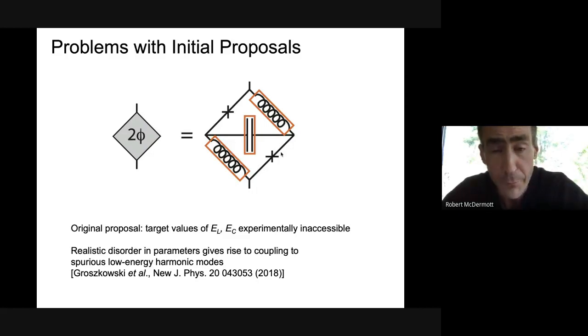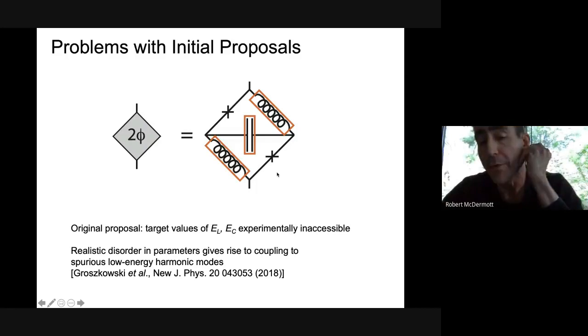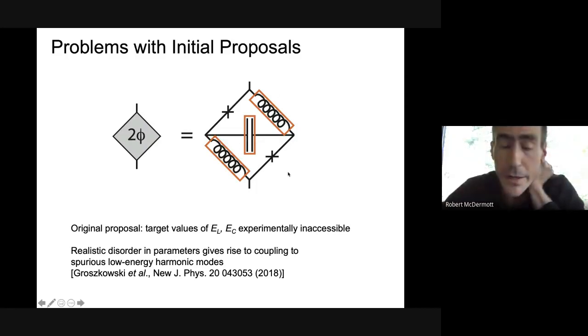Another issue is that for the sort of target values of E_L that you need, any modest amount of disorder in the system gives you some very low-lying harmonic modes that will couple to the logical states, and that can give rise to some problems. And this is described very nicely in this recent paper from the group of Jens Koch. So, this looks kind of hard.